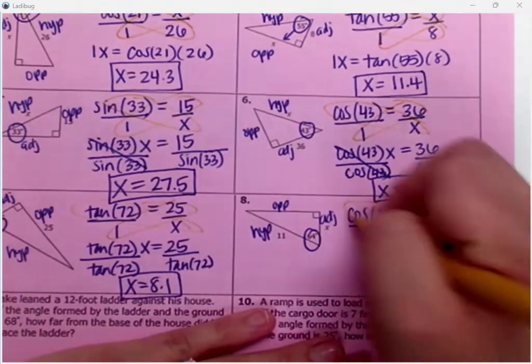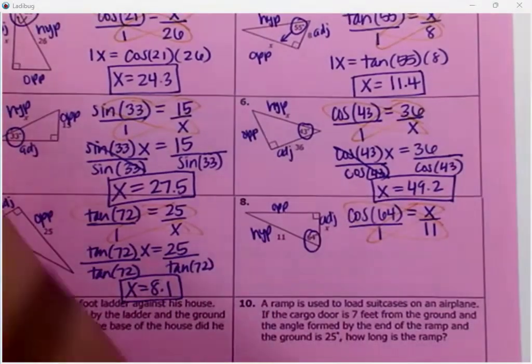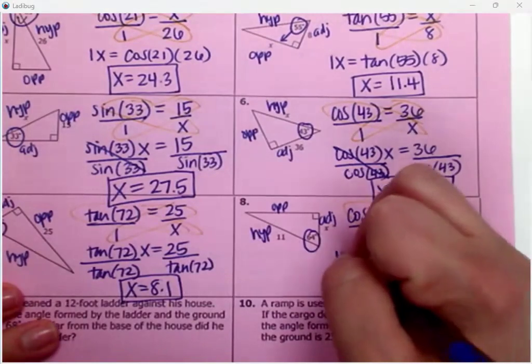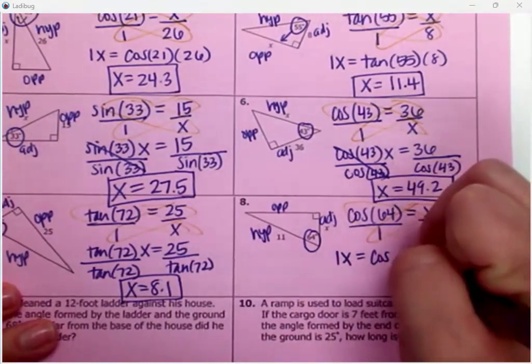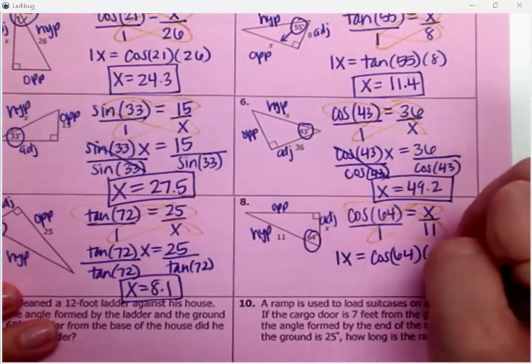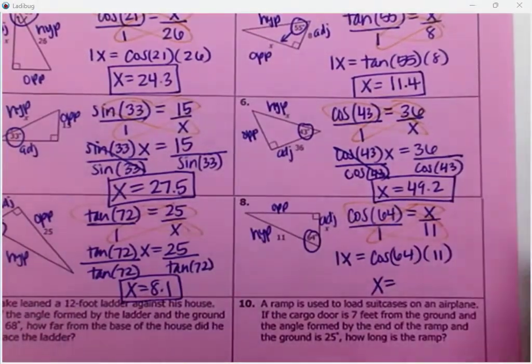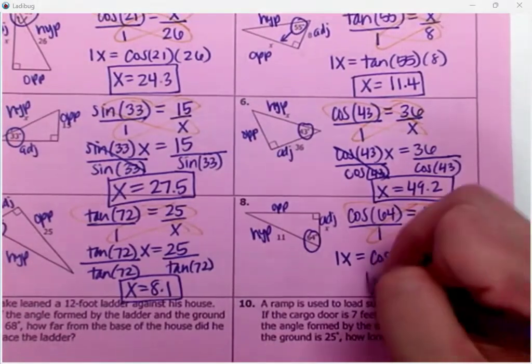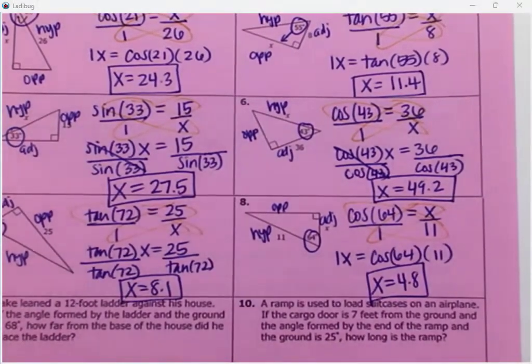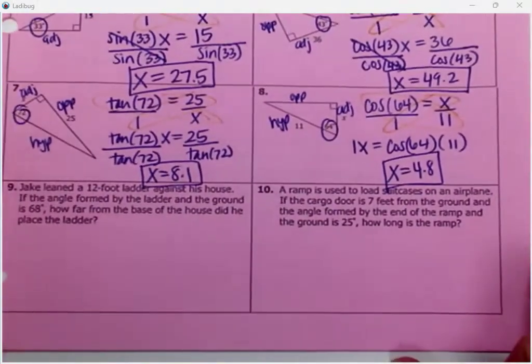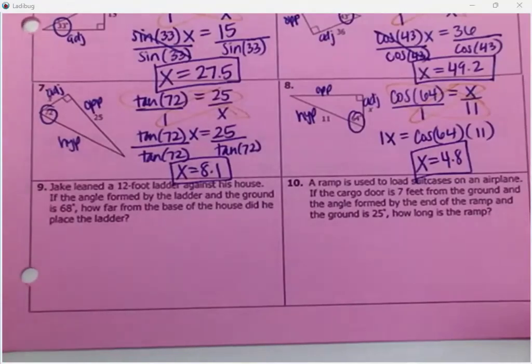Because when you cross multiply, notice the x is on top. So I end up with 1x equals cosine of 64 times 11. What did we get for x? 4.8. All right, let's look at these last two problems that are word problems.